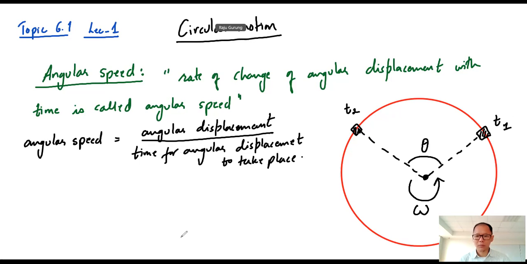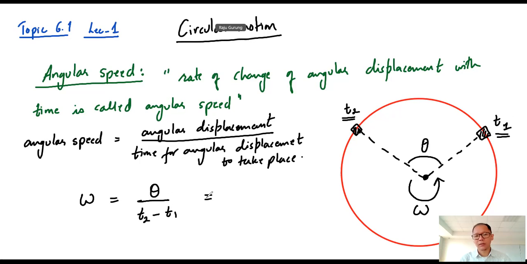So for angular speed, I can write omega equals angular displacement, which is theta, the angle it covers, over the time for the angular displacement to take place. Now, suppose I start my time at t1 and end at t2, then the time interval between these two times is just t2 minus t1.